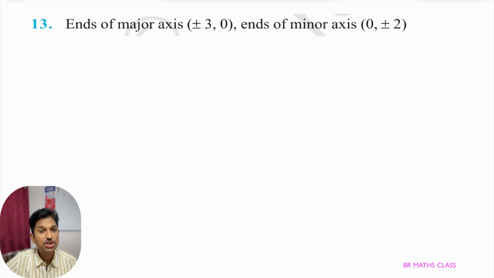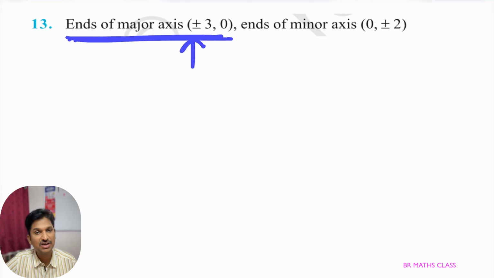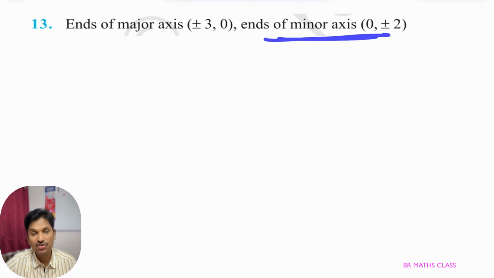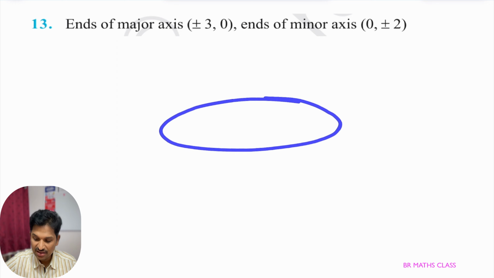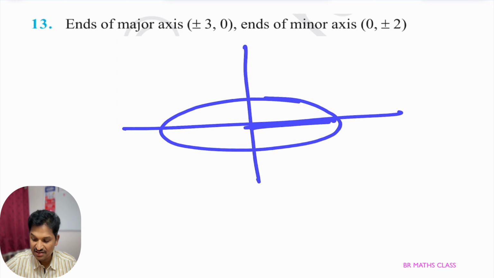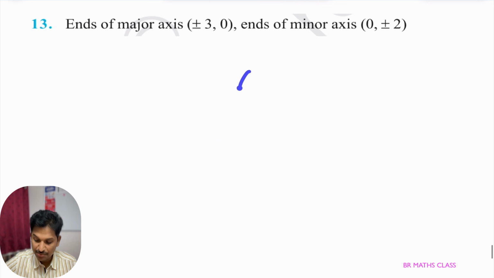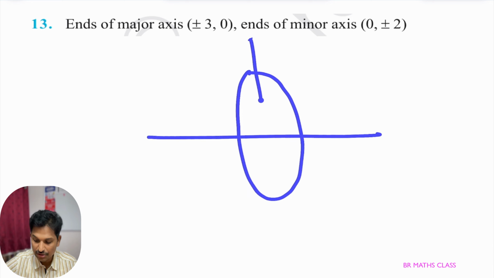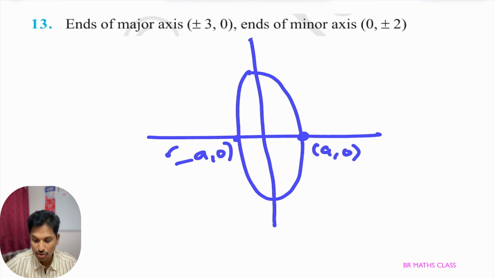You see this 13th question, ends of major axis. We know that the ends of the major axis are the vertices, right? And they have given the ends of the minor axis. While deriving this ellipse, you know that, see, this is the ellipse equation. In this, this is the a value, this is the b value, right? Whatever points will be there on the x-axis, they are plus or minus a comma 0. This is a comma 0, this is minus a comma 0. Even if the ellipse is of this form, these vertices are a comma 0 and minus a comma 0.